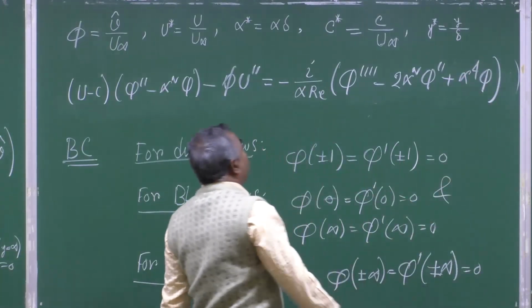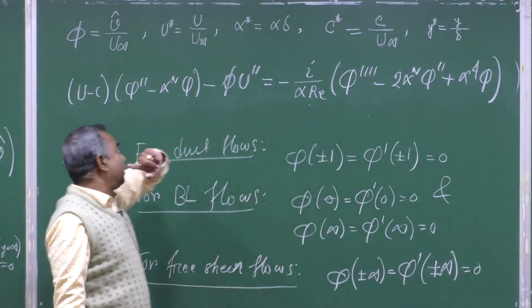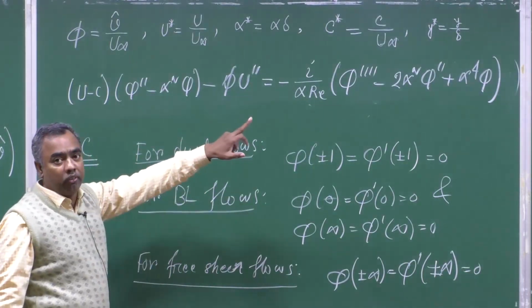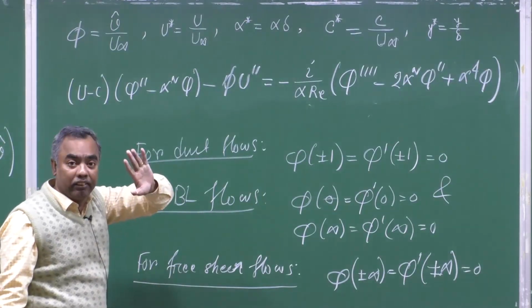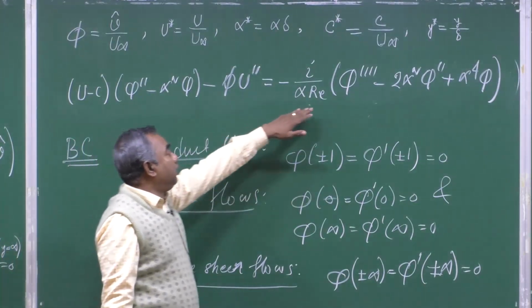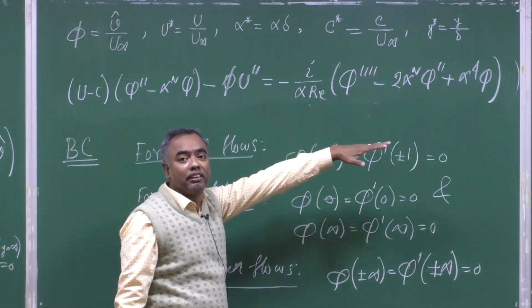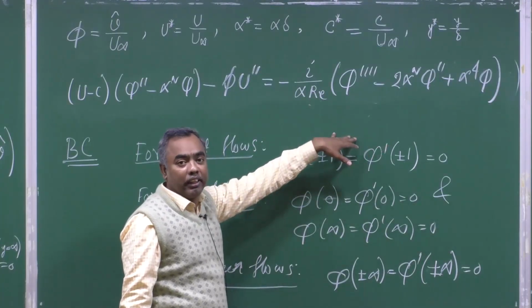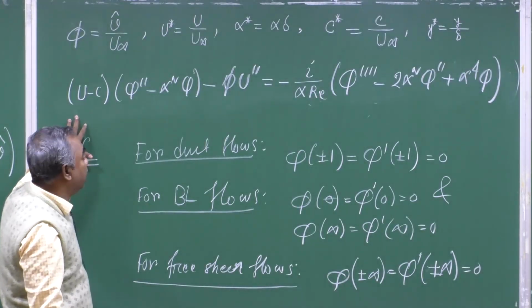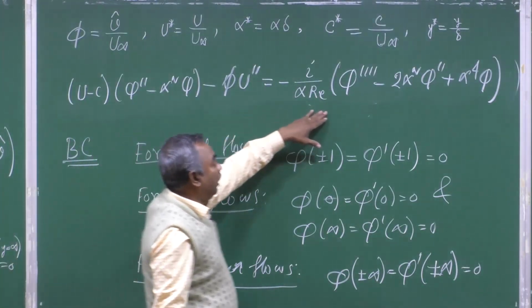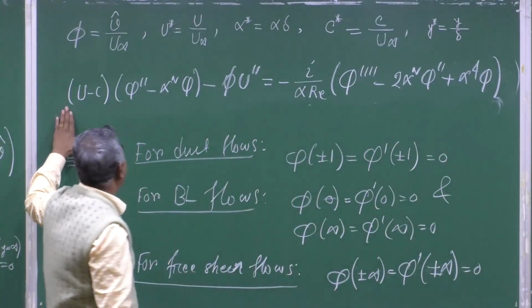This is with the understanding that the moment RE is here, these are all non-dimensional quantities. U is also non-dimensional, C is also non-dimensional with proper scales. If we specify the Reynolds number is based on this particular length scale and velocity scale, then automatically all the scales come into the picture. So, with this convention we can consider this particular equation.